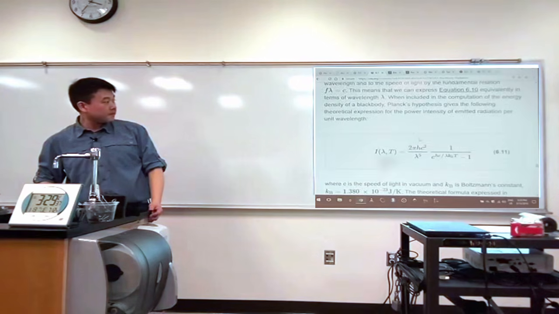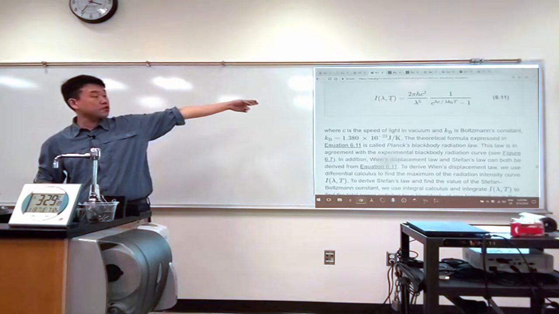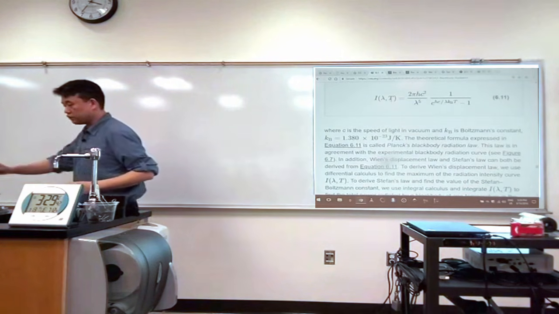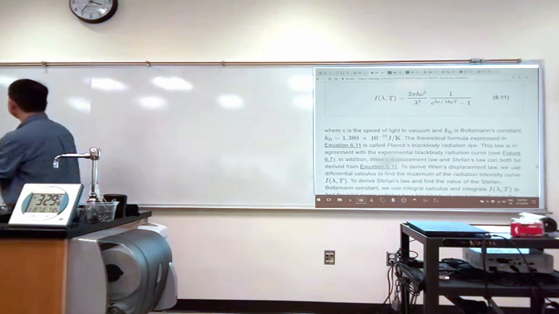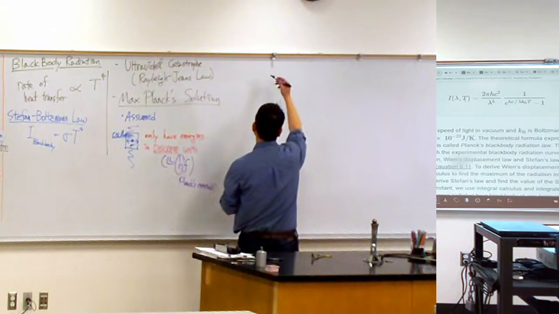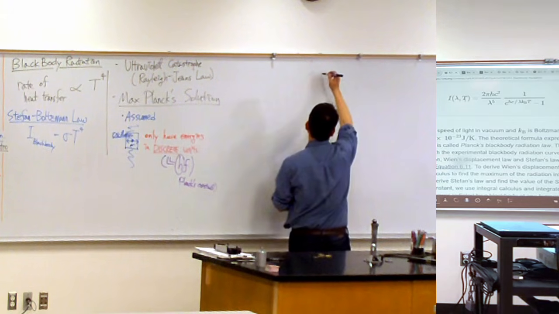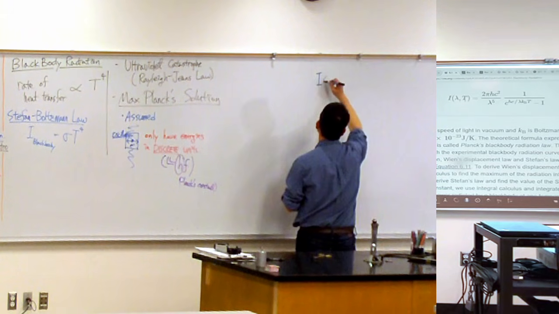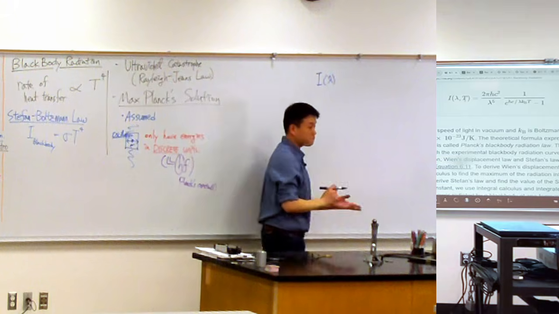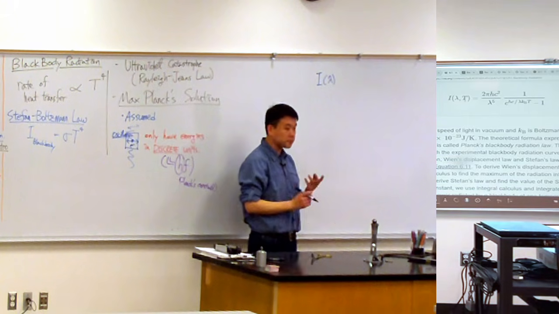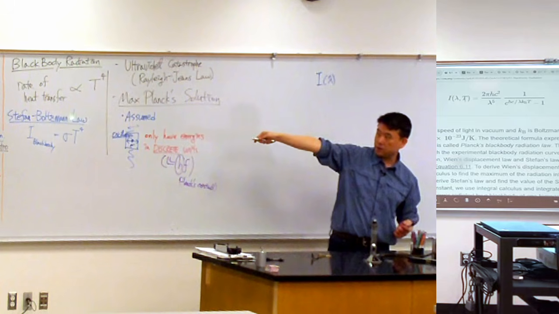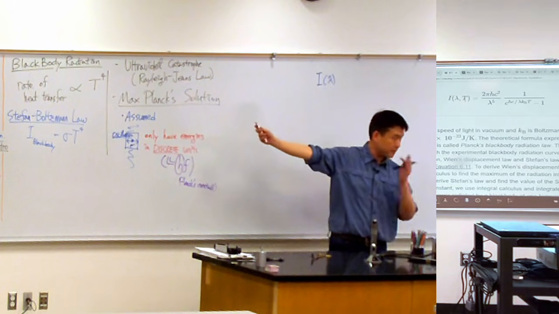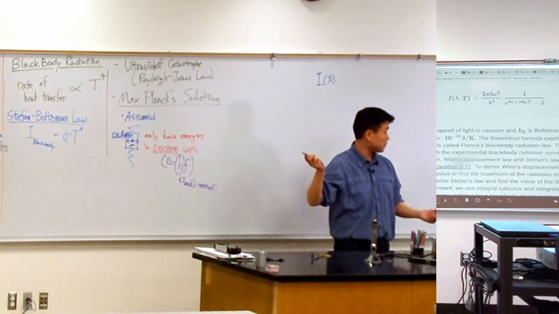So this is the intensity as a function of wavelength. This is the result that we are hoping for. Here's one of the experimental laws we know: the Stefan-Boltzmann law, and the second one that's in the book is the Wien displacement law.